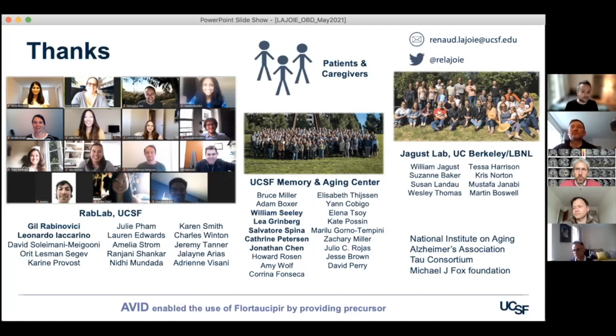There might be something that has to do with either regional vulnerability to accumulate tau, or regional vulnerabilities to spreading tau outside earlier on. As soon as there's some tau, maybe it spreads somewhere else, whereas in some other patients, it accumulates locally before moving elsewhere. And I think this might be the difference between the early and the late onset.